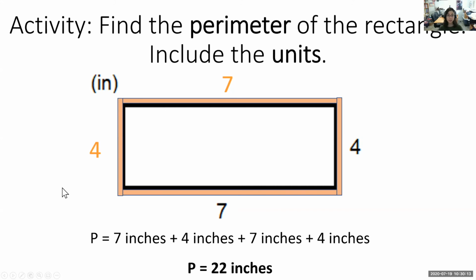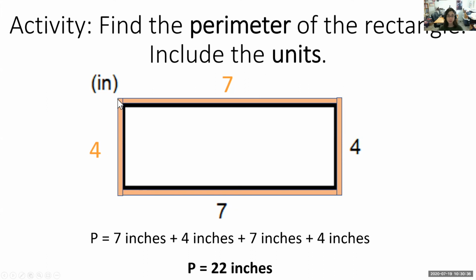So to find the perimeter, I need to add up all of the lengths and widths. I'm going to start out with 7 inches plus 4 inches plus 7 inches plus 4 inches. That's what I have right here. P for perimeter equals 7 inches plus 4 inches plus 7 inches plus 4 inches. Now the order in which we add this doesn't matter.